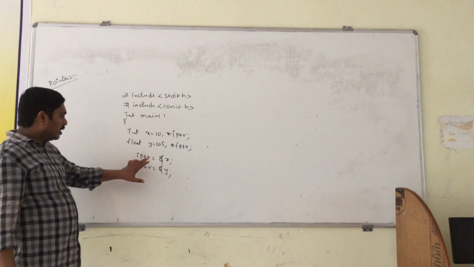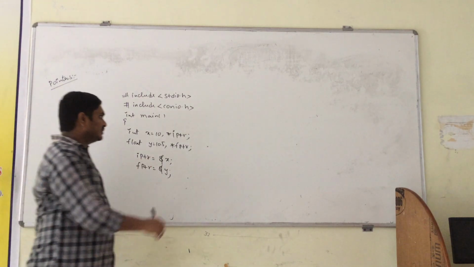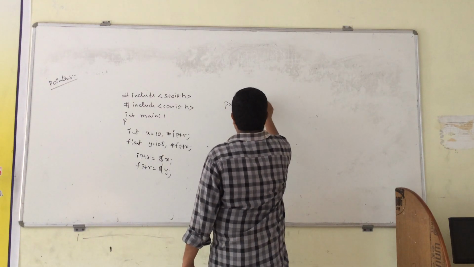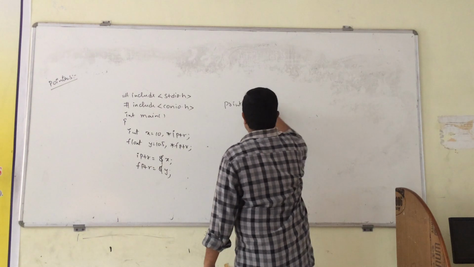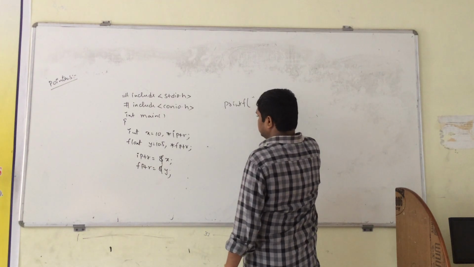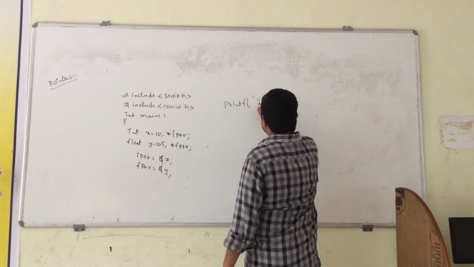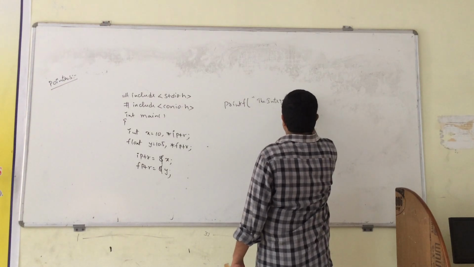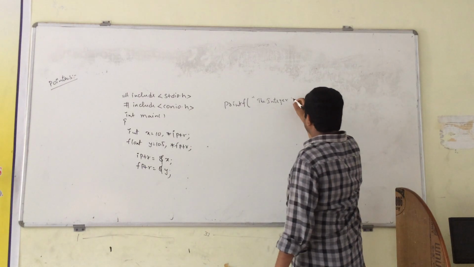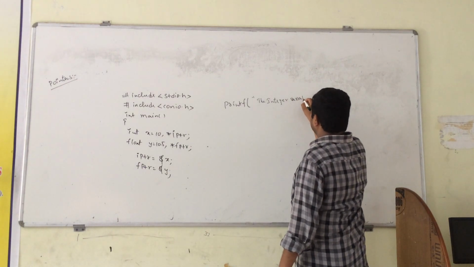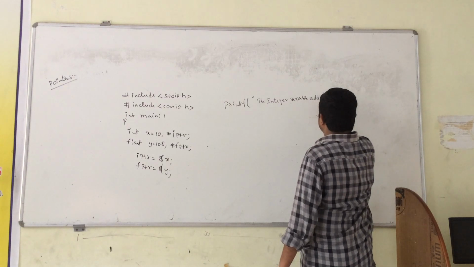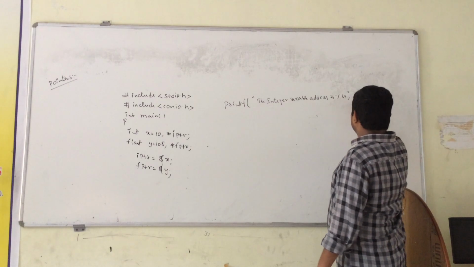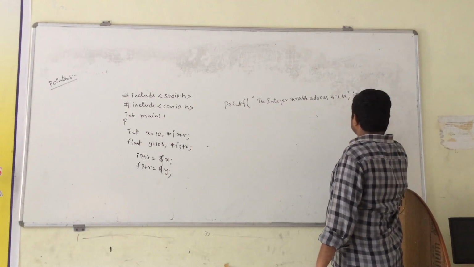If I want to print the address of x, I write the print statement like printf("%u"). Sorry, I am writing some text here: The integer variable address is %u, iptr, which is stored in the iptr.